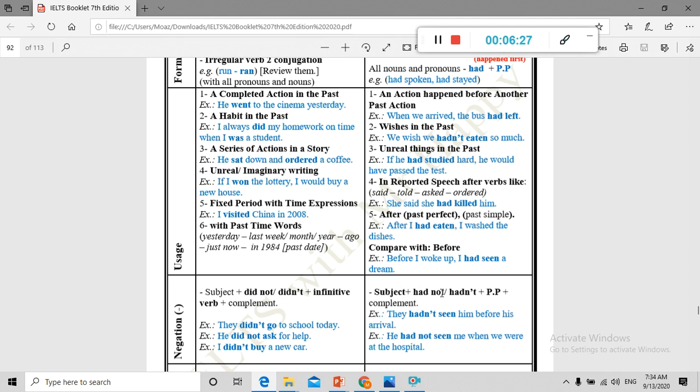So we use the subject, hadn't or had not, plus past participle, which is verb 3, plus complement. Here you can see, they hadn't seen him before his arrival. Another example: he had not seen me when we were at the hospital. So we use just not.